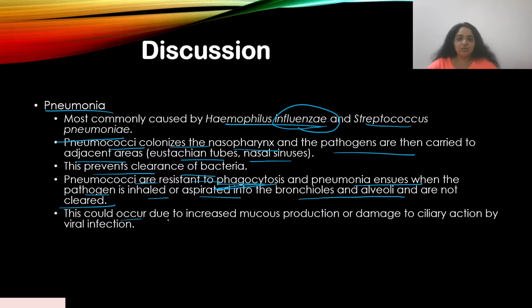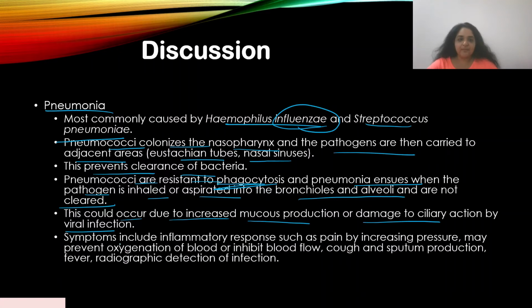Now, this could occur due to increased mucus production or damage to ciliary action by viral infection. The symptoms include an inflammatory response, such as pain, and increasing pressure may prevent oxygenation of blood or inhibit blood flow. Pneumonia becomes a very dangerous situation because of these reasons.